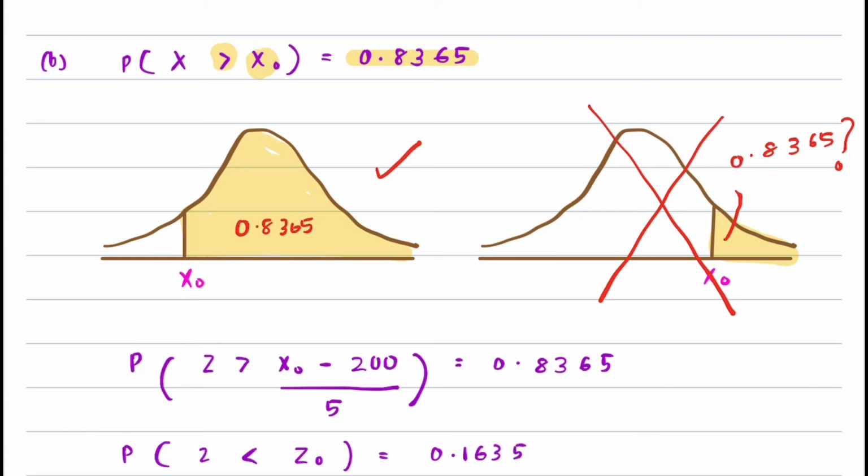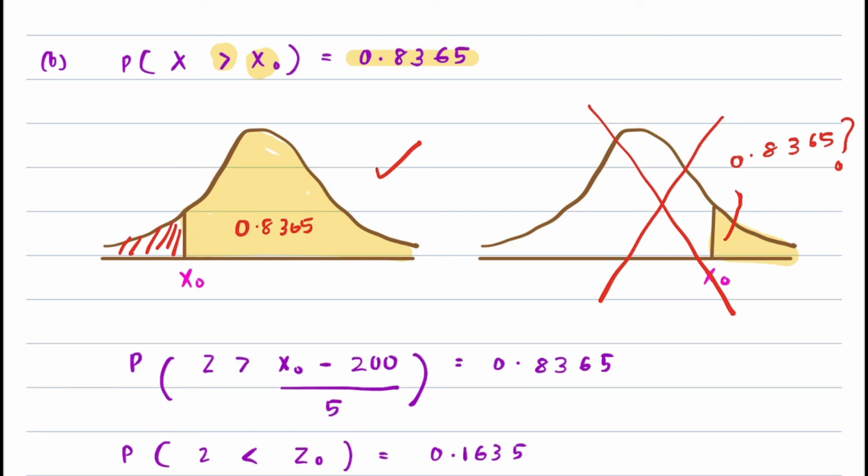So how can you symbolize for the standard normal? You have Z is more than x0 minus 200 over 5 is equal to the value in the question. Remember, the table only reads the at least symbol. So the table only reads this area, where you can have the symmetric value: less than x0 is also equal to more than x0 value.